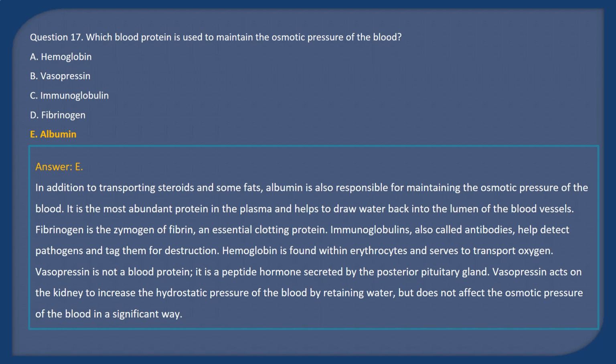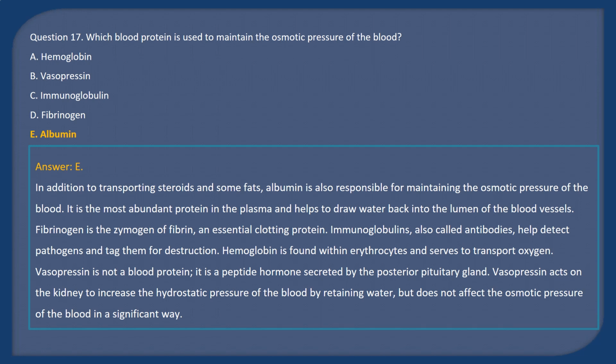Fibrinogen is the zymogen of fibrin, an essential clotting protein. Immunoglobulins, also called antibodies, help detect pathogens and tag them for destruction. Hemoglobin is found within erythrocytes and serves to transport oxygen.